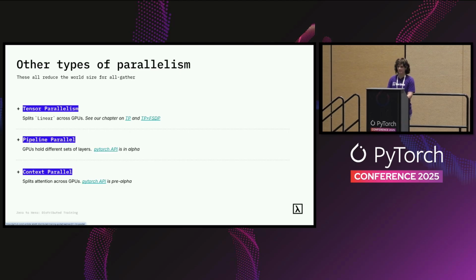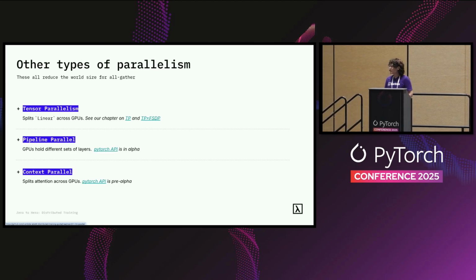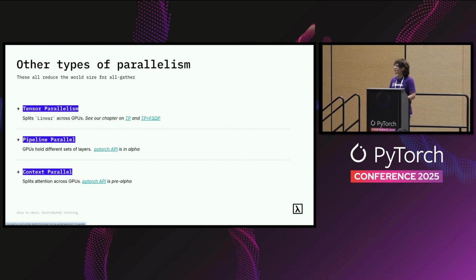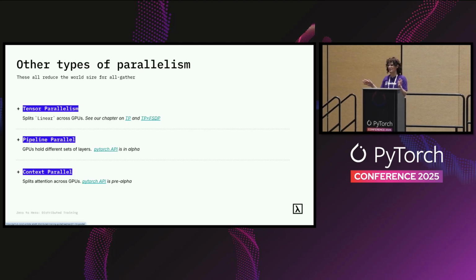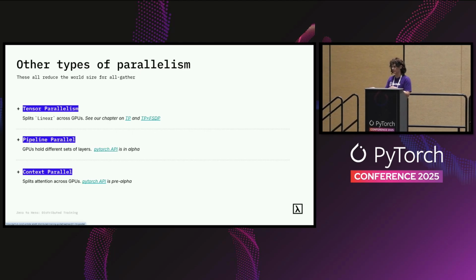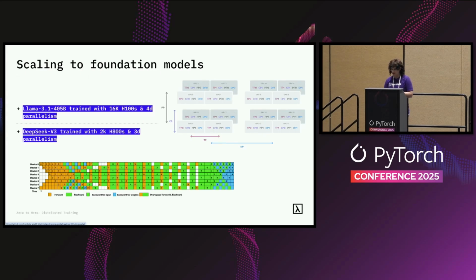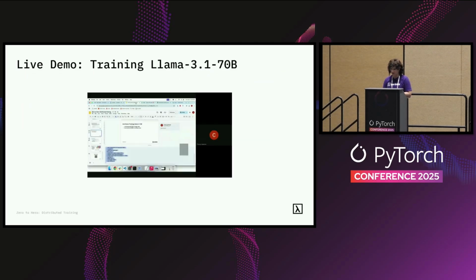How does it work with the MoE model? The question was how does FSDP work with mixture of expert models. It's going to work the same no matter what type of model you're using.